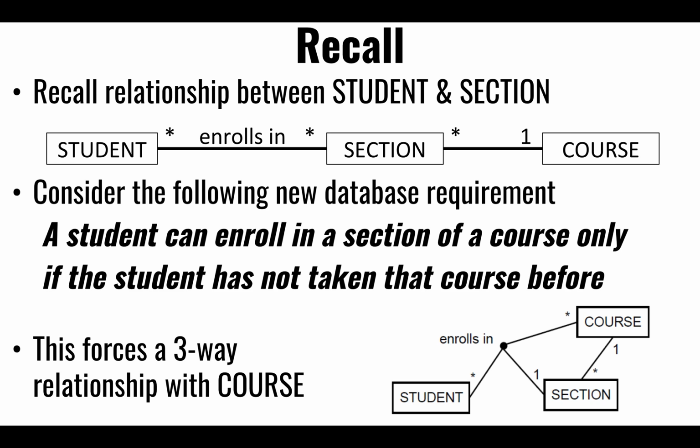So before, it was only that students had many sections, and there was a one-to-many between the course and the section. So we already had this here. What we're adding is that we need to record the fact that you were already in the course.